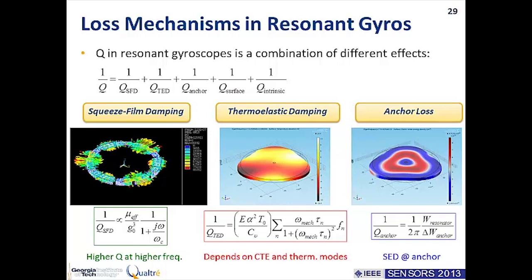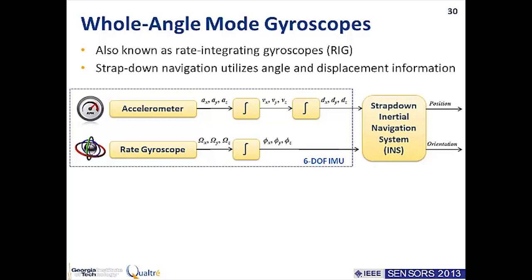So if you have reached that fundamental limit, perhaps what you should do is change the material of your structure if you still need to get higher Q, or optimize your process to get rid of this surface imperfections.